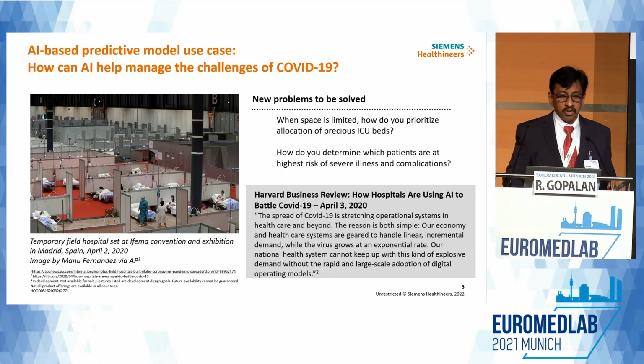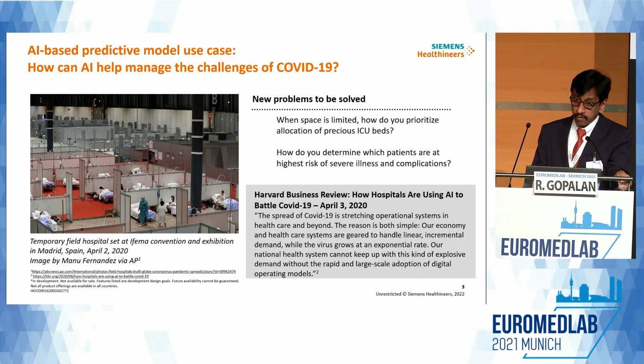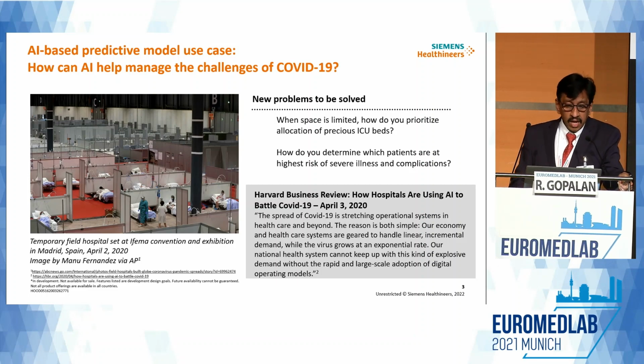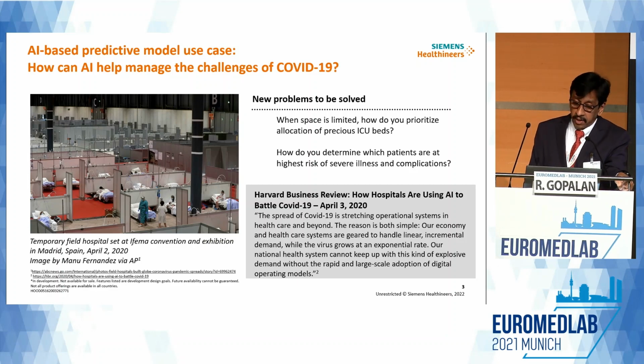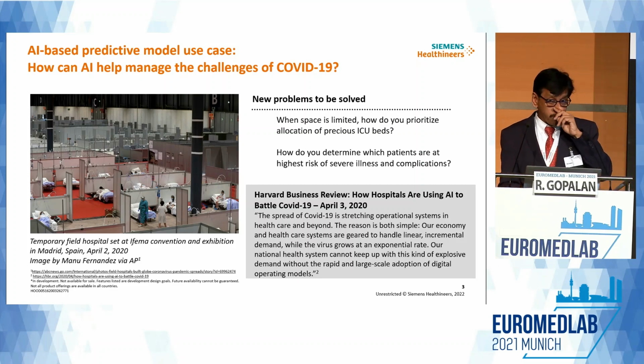Way before the COVID, when the COVID started, as you all know, hospitals were overflowing with COVID patients. The ICU was completely filled up, and physicians were really struggling to figure out what to do.